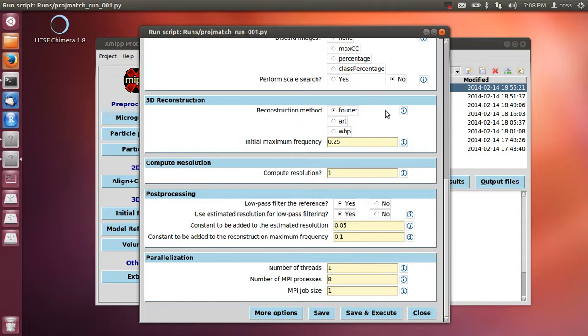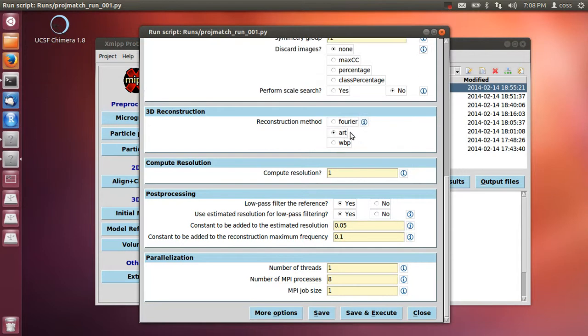So if you have very few particles, you may want to use ART. ART is very good, but it is rather slow, so normally you don't use it if you have many particles. And weighted back projection is an algorithm that you use when you cannot use Fourier.